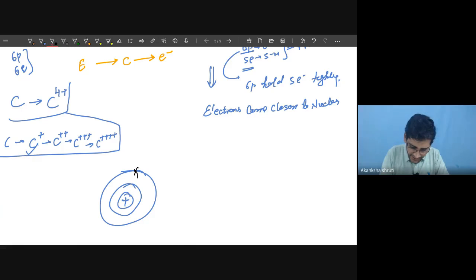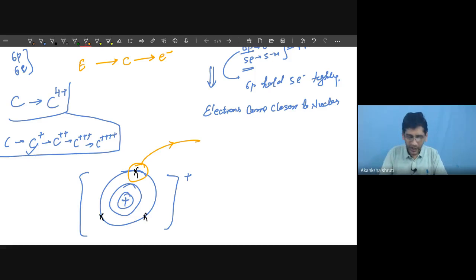From this C plus, again we want to remove an electron. Sorry, this is the plus, so we have to put the plus sign over it.